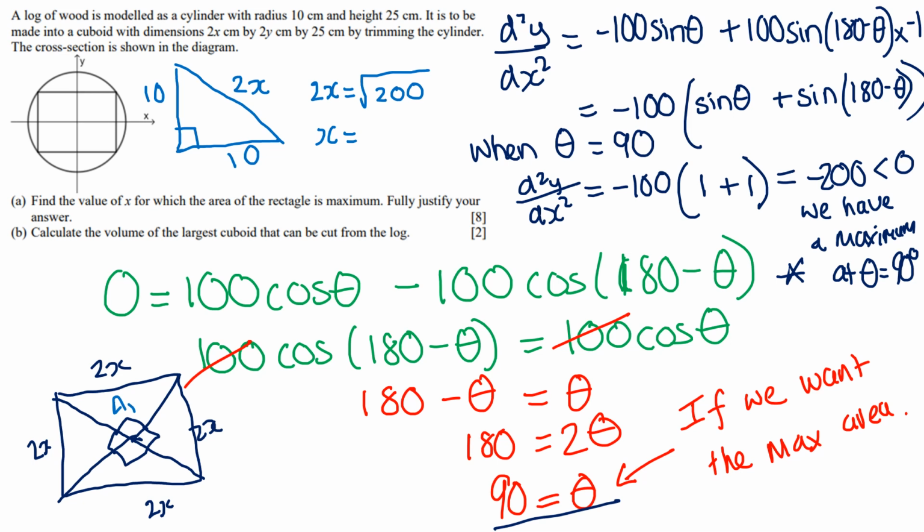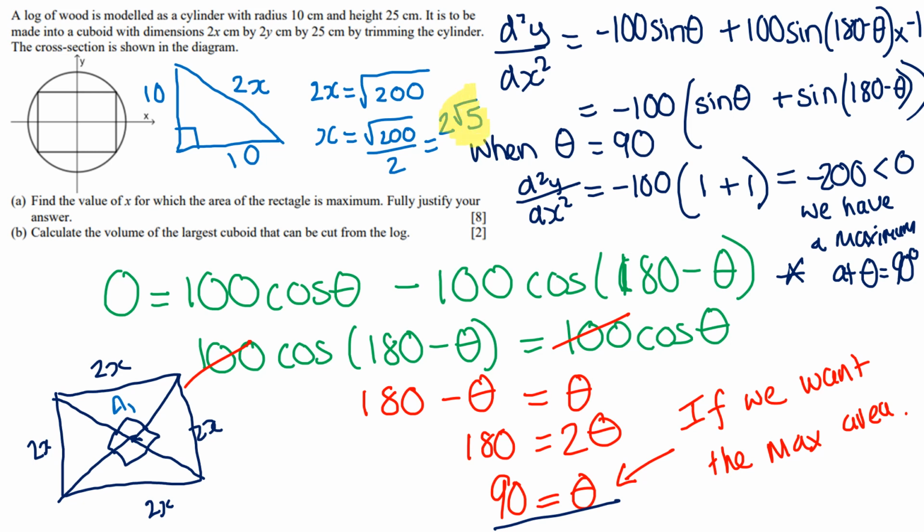So popping that in your calculator, root 200 divided by 2, and what does it come out? Okay, comes out at 2 root 5. So that one is our final answer.